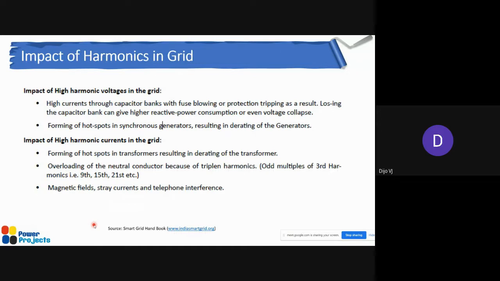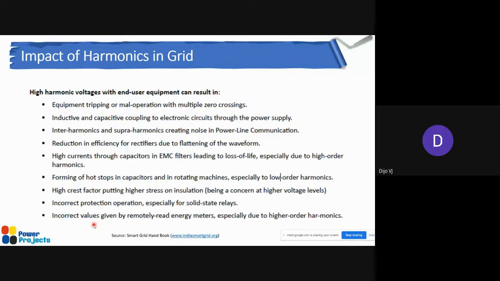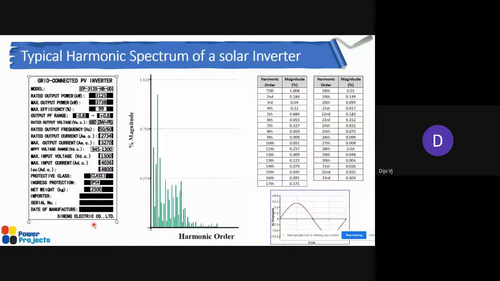So the impact of harmonics, we talked about it in general. In detail it is given here, like at different locations, how it can cause an issue. Yeah, so this is one of the harmonic spectra. This is one of the PV inverters of rated output 3125 kilowatt. In a power factor range, it can supply reactive power also, from -8 to +8.